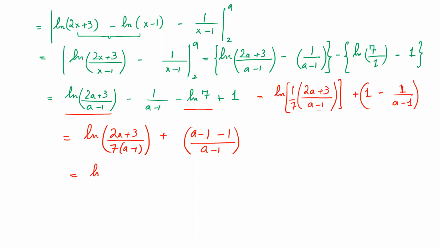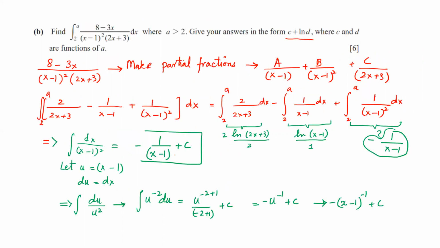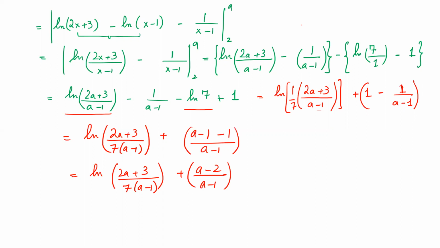So we are left with ln of (2a + 3) over 7(a − 1) plus (a − 2) over (a − 1). And in this question, they have asked us to give the answer in the form c plus ln of t. So our required form of answer is c plus natural log of t.